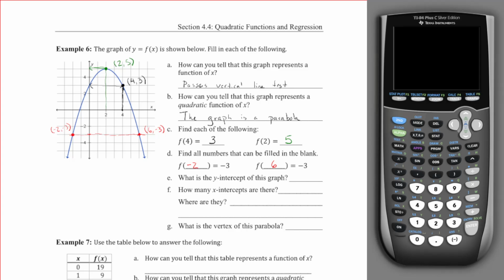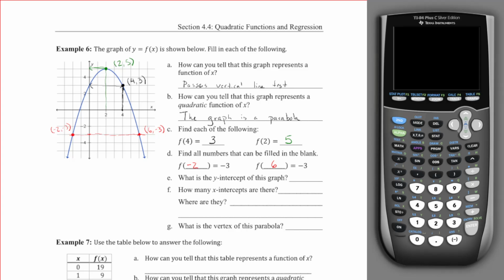With quadratic functions in general, each output comes from 2 different inputs. And that's okay. That's a thing that can happen with functions. But we have to be cautious. If we're looking for the input that gives a certain output, we expect to get 2.